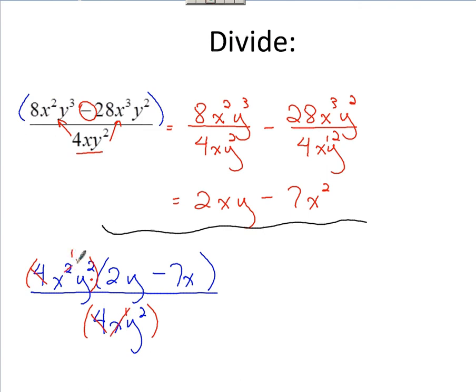There's 1 left there. And the y to the second and the y to the second, well, they divide out. So what remains is x to the first times the quantity 2y minus 7x. Now, is that what I got up here? Well, basically, yeah. If you multiply it out, that's what you got up there. But there's a second way to do it.